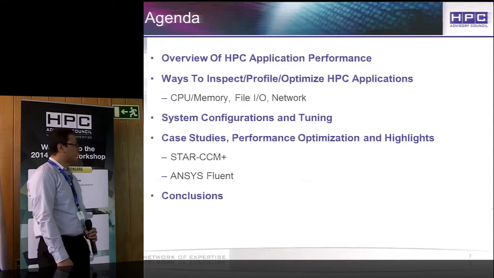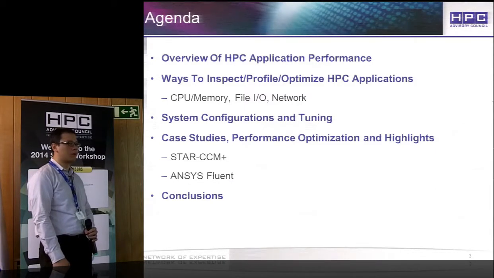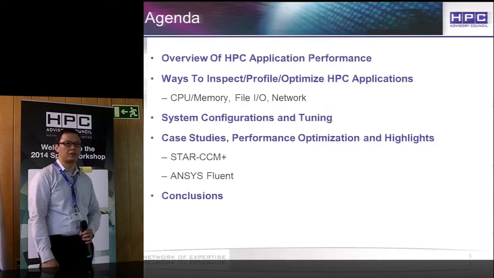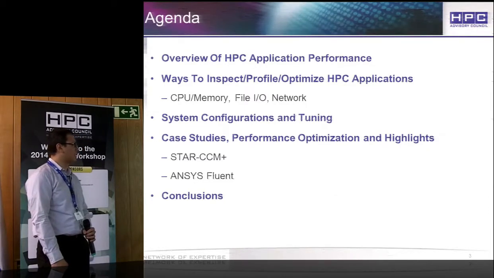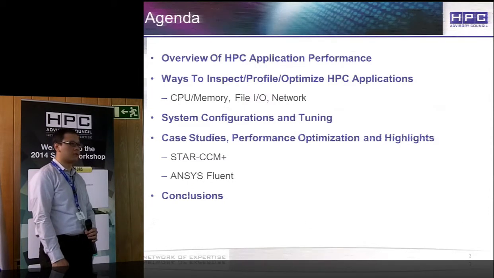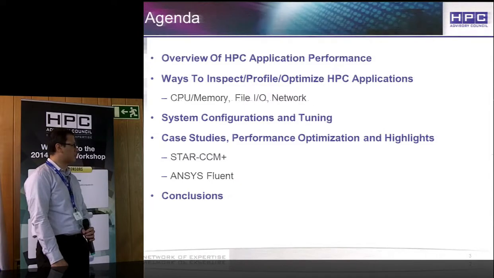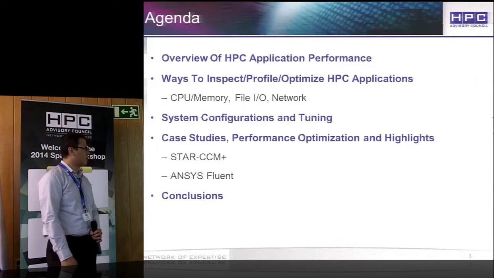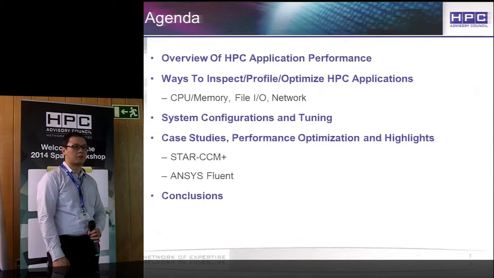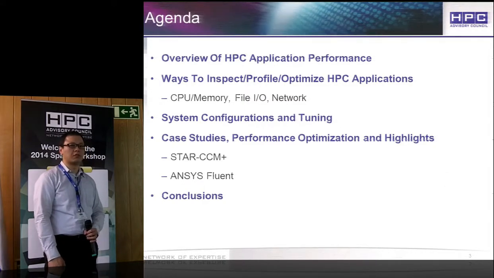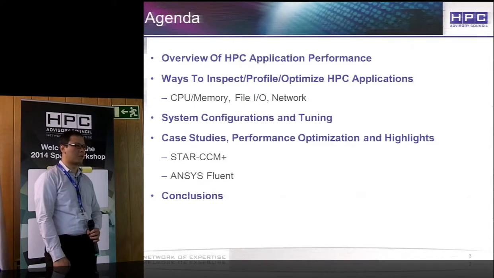So the agenda for this session: first of all, I'm going to go over an overview of performance and what to look for when tuning user applications, and then I'm also going to describe some of the tools that I've tried before. Hopefully you already know some of them, and you may discover a little bit more. Then I'm going to describe the system configuration that I use for a couple of the user application benchmarks that I work on here.